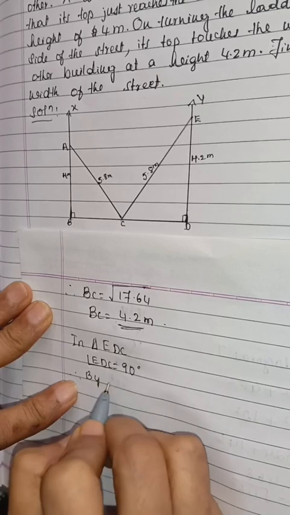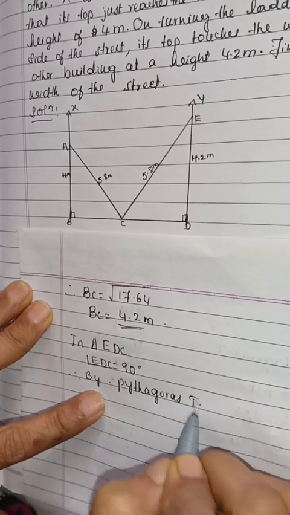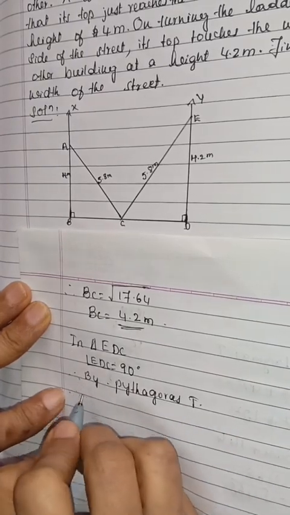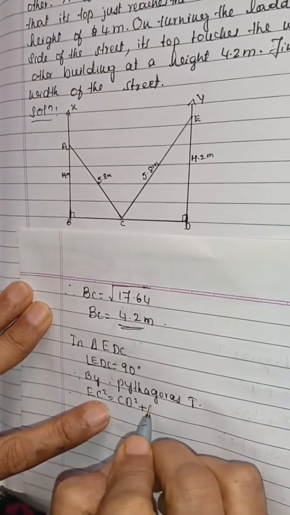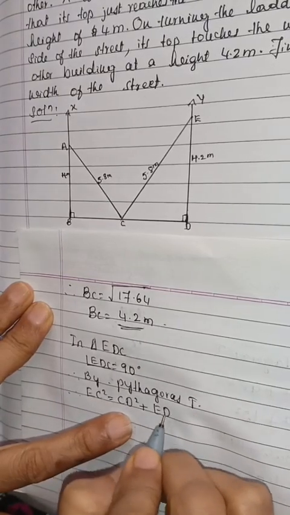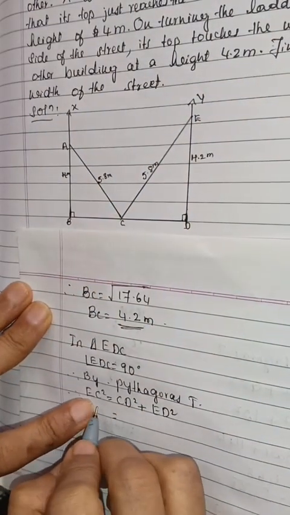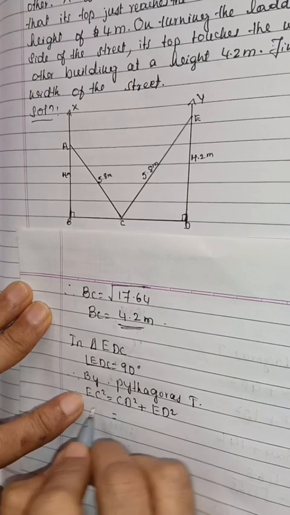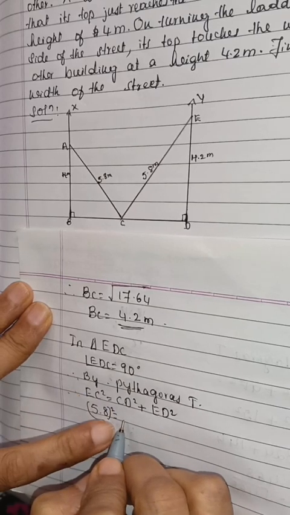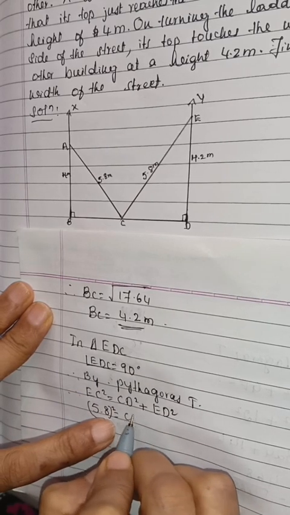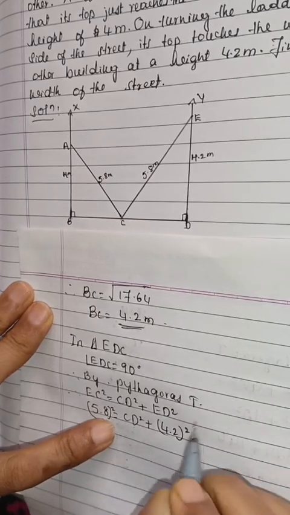Therefore, by Pythagoras theorem, EC square equal to CD square plus ED square. EC is 5.8 square, CD we have to find out, plus ED is 4.2 square.